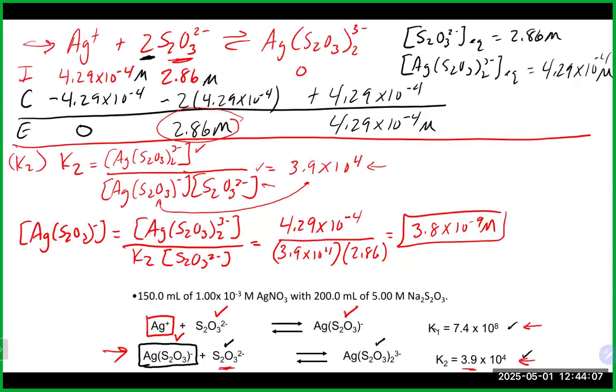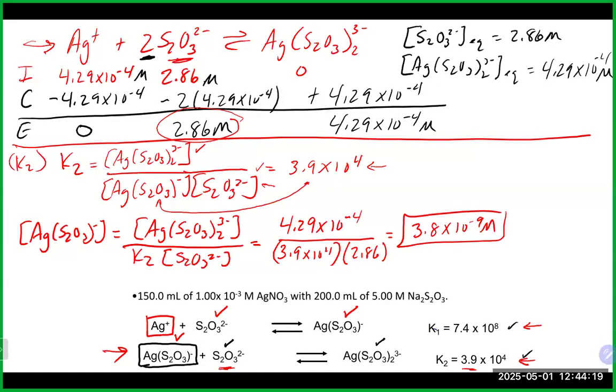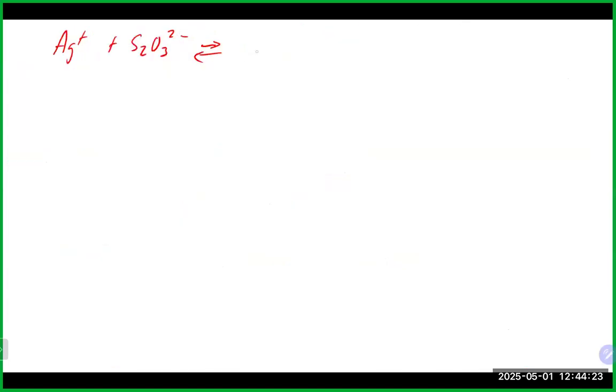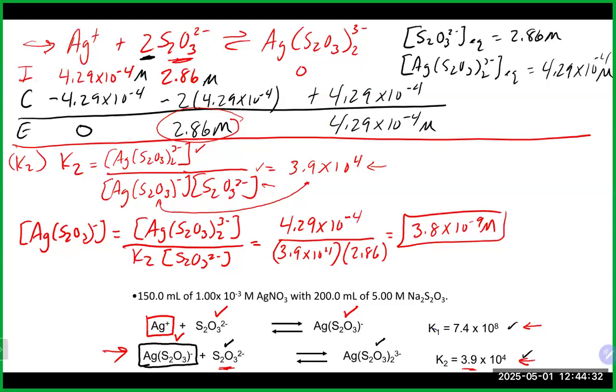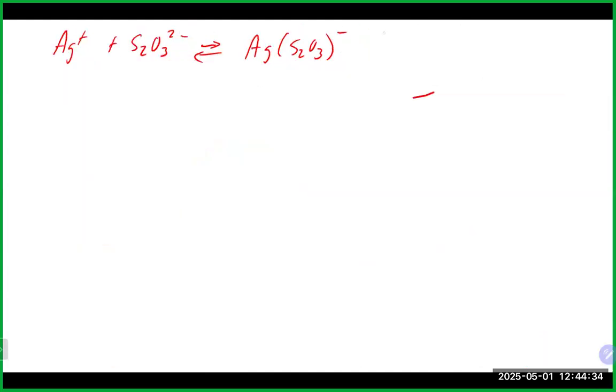And if I do that, let me just rewrite that. So we basically have silver plus S2O3 2 minus goes to what we got there, AgS2O3. And in this case we have 7.4 times 10 to the 8.